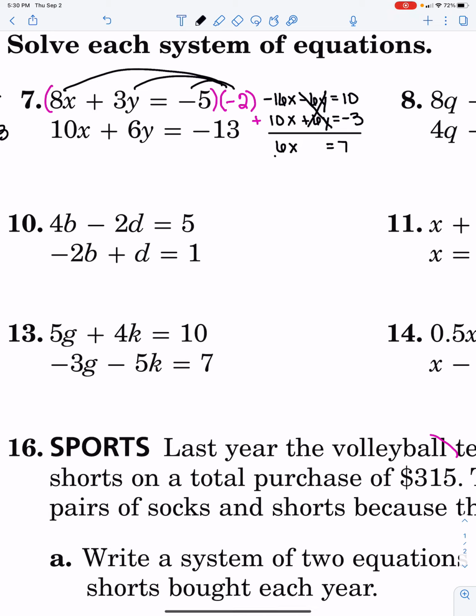Now with that, I'm going to divide both sides by 6, and I get x is equal to 7 over 6. Okay, now that I have that, I do have to substitute that into one of the other equations to find out what my y value would be.